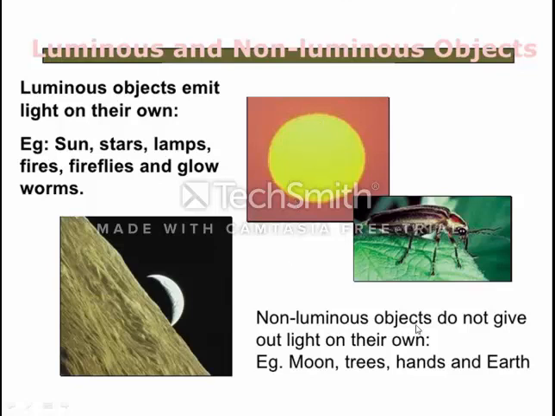And non-luminous objects do not give out light of their own, like moon, trees, hands, earth. We are able to observe the moon because the light from the sun falls on the moon, and after reflection it comes to the earth's surface and enters our eye, due to which the moon is visible to us.